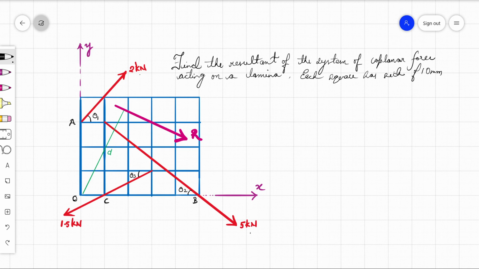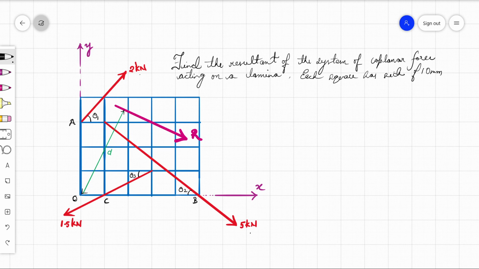What they inform us is there is a resultant. We need to find the value or the magnitude of the resultant as well as the distance between the resultant and the moment center, or the other term, the moment arm. Okay, this D is our moment arm for the resultant.